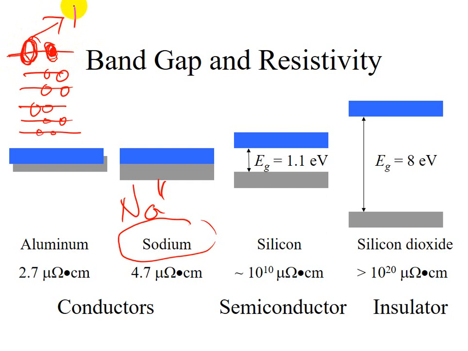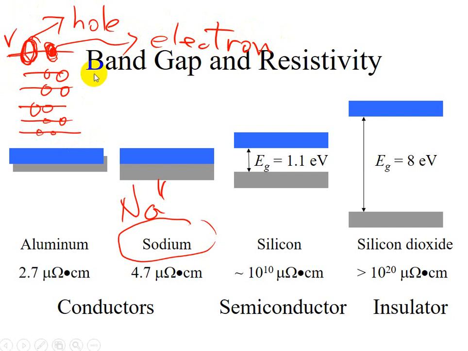This is how we define the so-called hole. So you have electron, you have hole at this specific energy level. So at this energy level, that means you have half of the orbit occupied by electron.